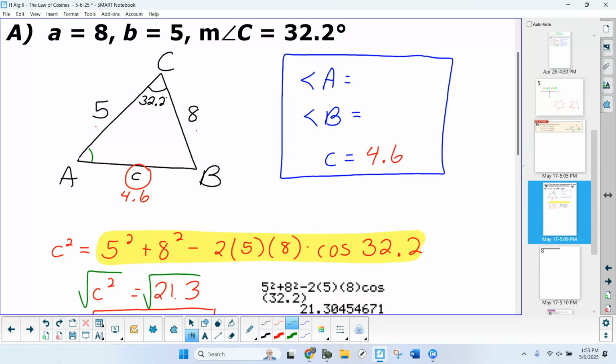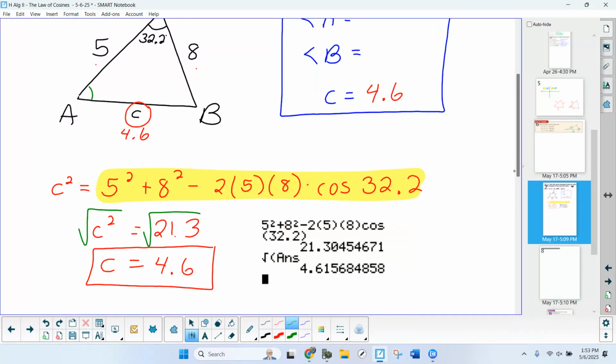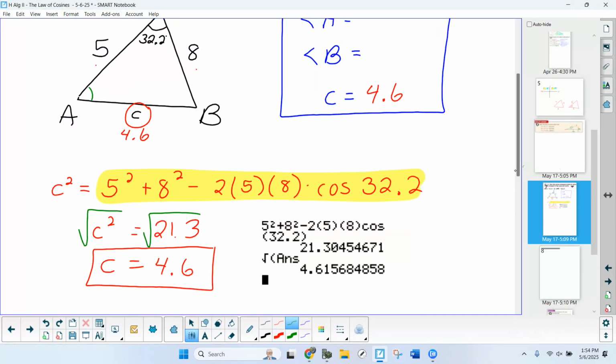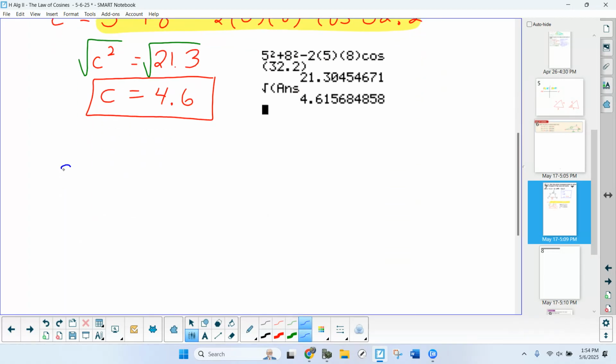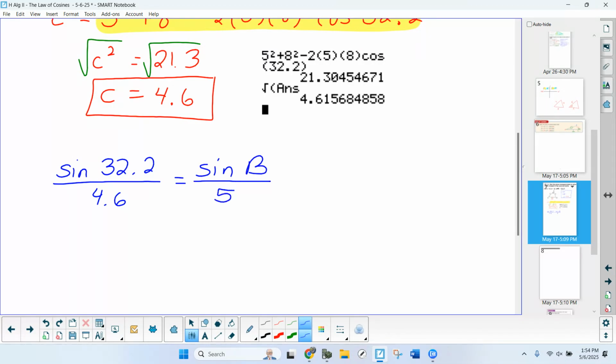We're going to use law of sines to find which angle? B. How would you use the law of sines to find angle B? The sine of 32.2 is to 4.6 as the sine of B is to 5.